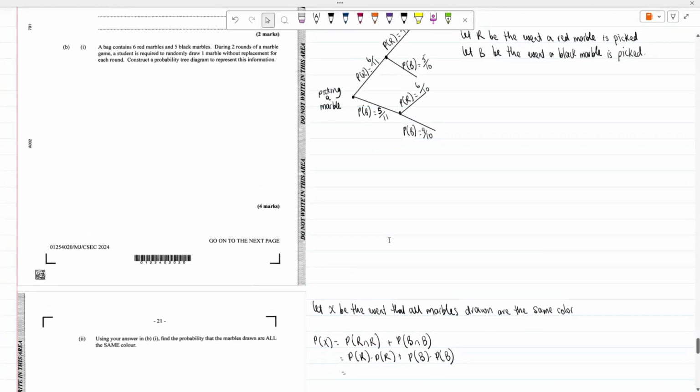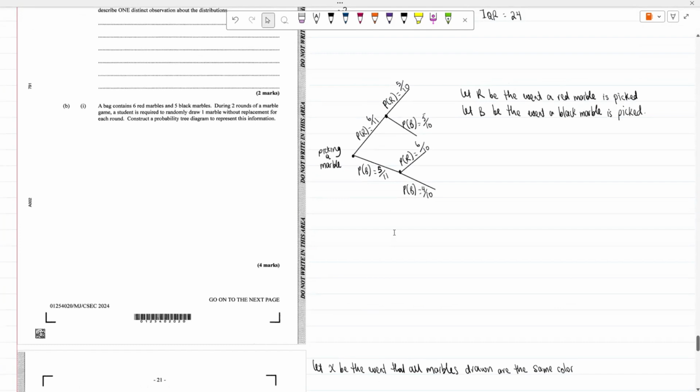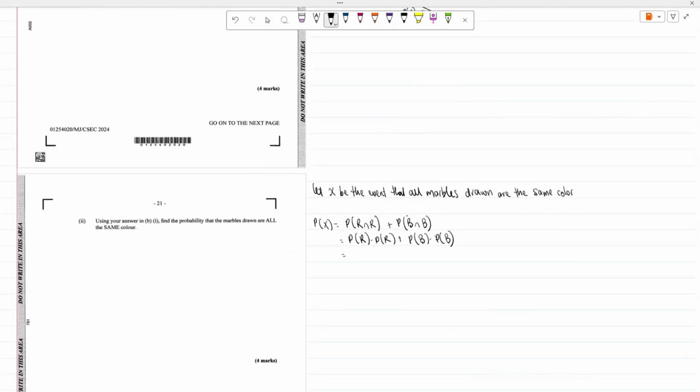The probability of red on the first try is 6 out of 11, then multiplied by 5 out of 10, plus the probability of a black on the first try is 5 out of 11 multiplied by 4 out of 10. Leave probabilities in terms of a fraction. Don't put probabilities as a decimal.